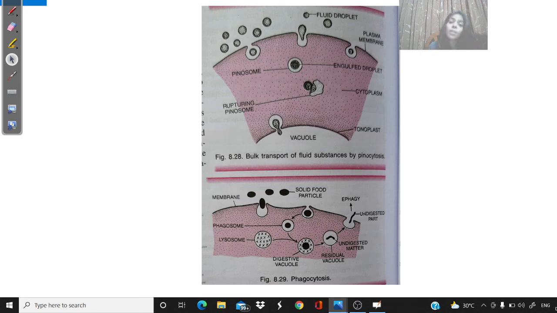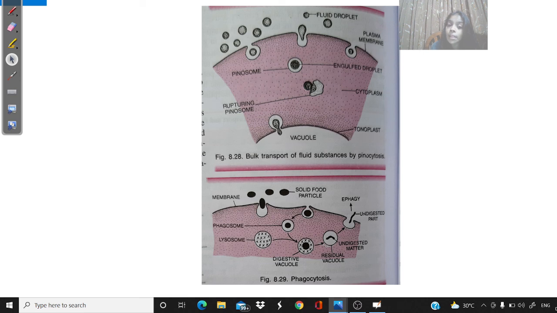Pinocytic vesicle fuses with a lysosome and forms a pinosome. Within pinosome, there are enzymes, as I told you. Enzymes will digest the solution. Then the pinosome will rupture. Whatever useful substances will be utilized by the cell. Whatever is not so useful or undigested should be thrown out. So again, the pinocytic vesicle will come to the other part of the cell membrane. It will fuse with the cell membrane.